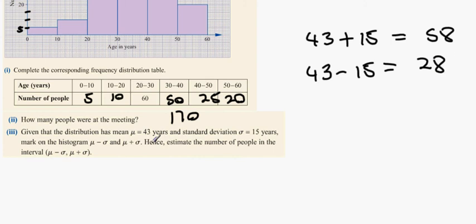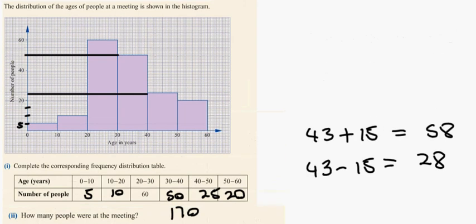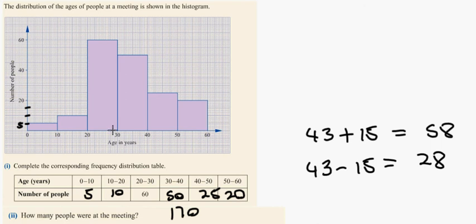So I have to mark 58 and 28 on the graph. 28 is about here, 58 about here.